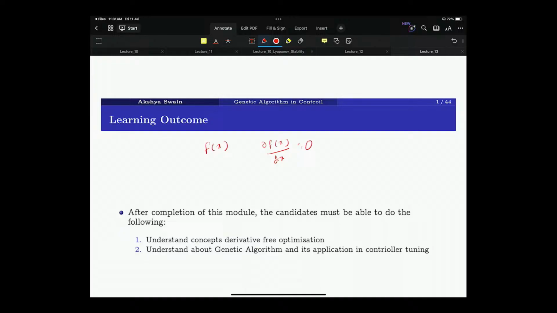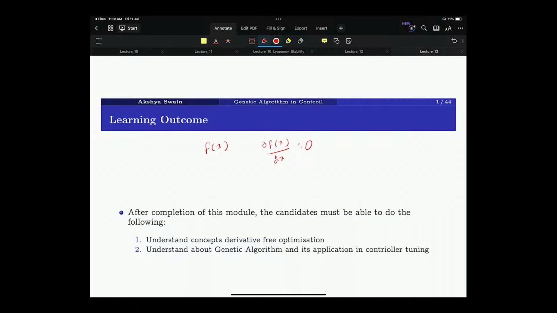Forget about the second derivative, all these things, I am not talking about that. You take a function, differentiate it, and find out the maximum or minimum value, right?